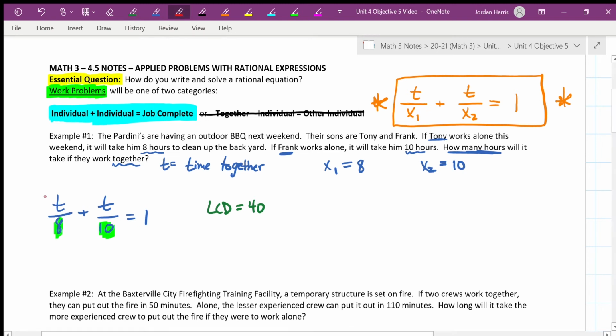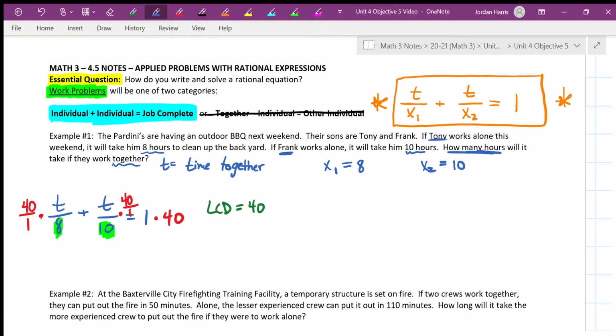So remember, what we do is we take every single thing and multiply by that LCD, 40. When it's a fraction, we put it over 1 just to make things consistent. When it's not a fraction, we leave it as just 40. We're just multiplying everything by 40. With the fractions, we put it over 1 to make it a fraction, so it makes it easy to simplify.